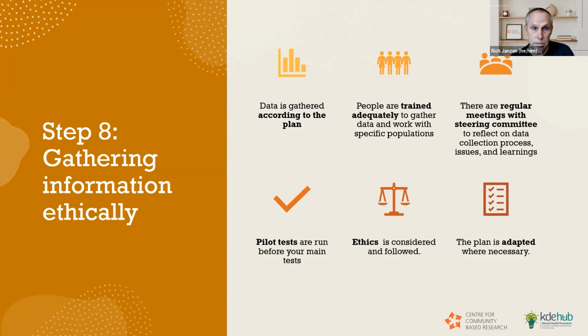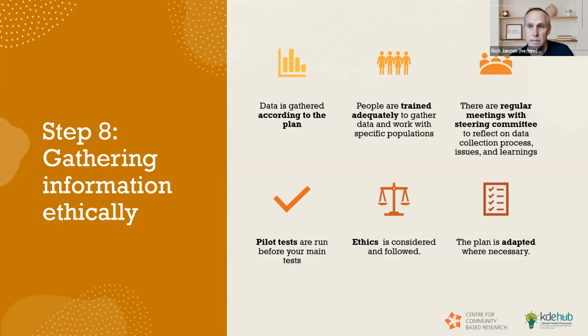So you gather your data as you had planned. You work with a research team and train the people on that research team adequately to be able to gather that data. You continue to have your steering committees, your guiders, right? The people who are guiding every step of the research team, that they're being a part of the process also of this step number 8.